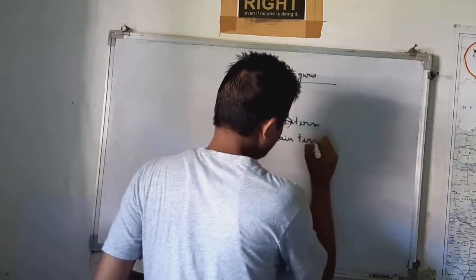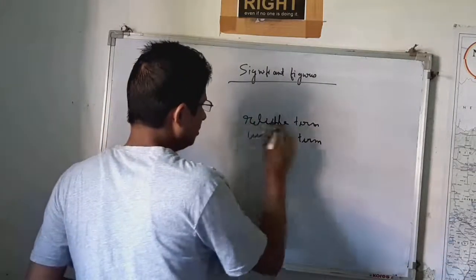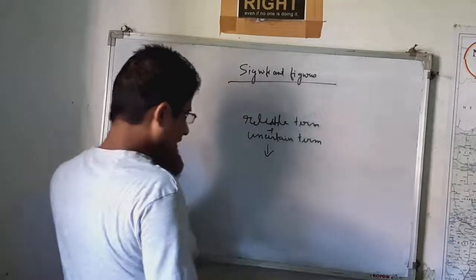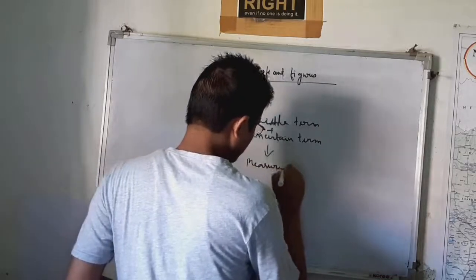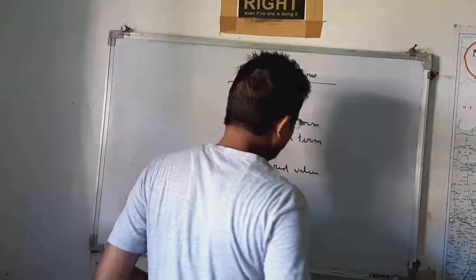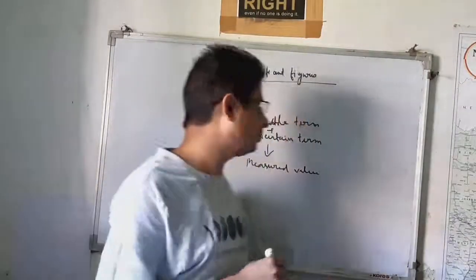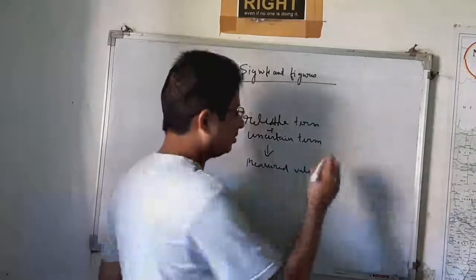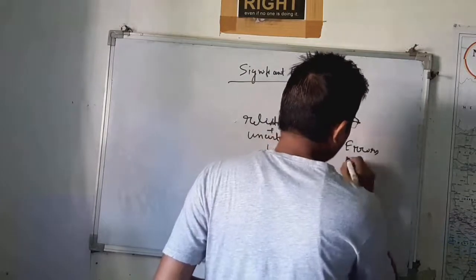If you add these two, you will get the measured value. Every measured value contains these two quantities. The uncertain term is also known as errors.